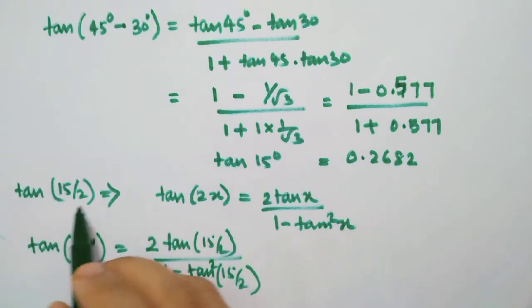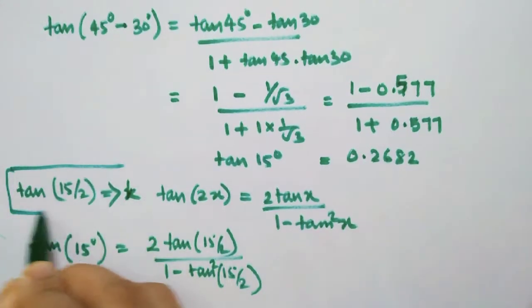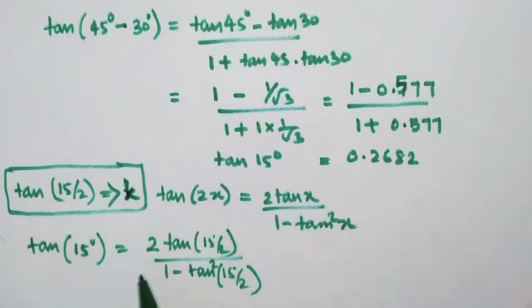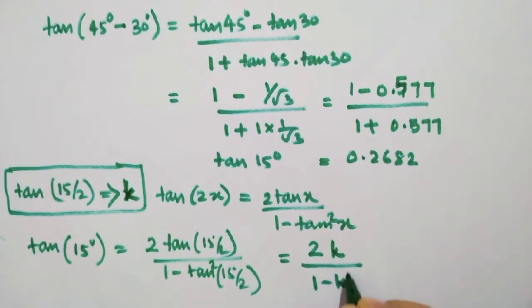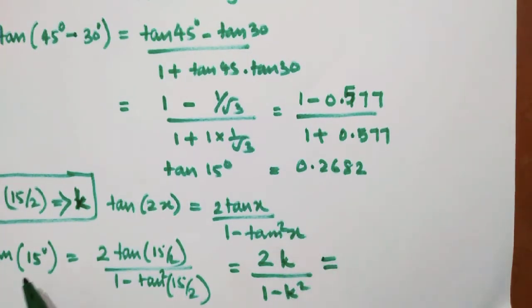So I am taking tan 15 by 2 as some k. So this term will become 2 tan 15 by 2, which is k, divided by 1 minus k square. That is equal to, I know that tan 15 degree is 0.2682.